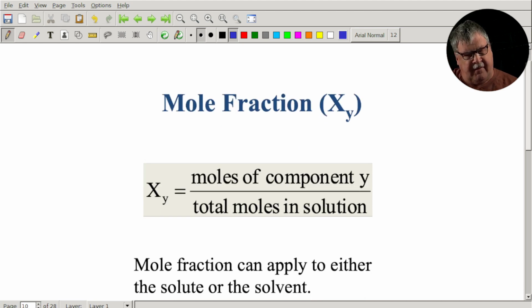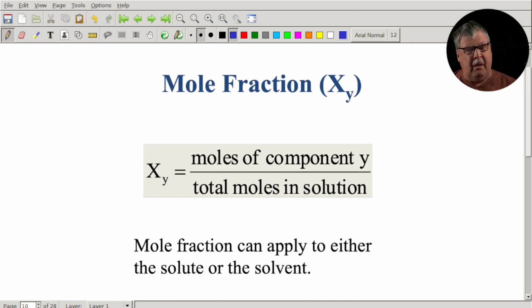Okay, here's another one you've seen before. Mole fraction. If you think back to chapter 10, you talked about mole fractions of gases, and that's really where it's most relevant. However, it will appear again in this chapter. All right, if we're going to calculate the mole fraction of something, what we do is we take the moles of that component. And I'm not specific here because it could be mole fraction of solvent or of solute.